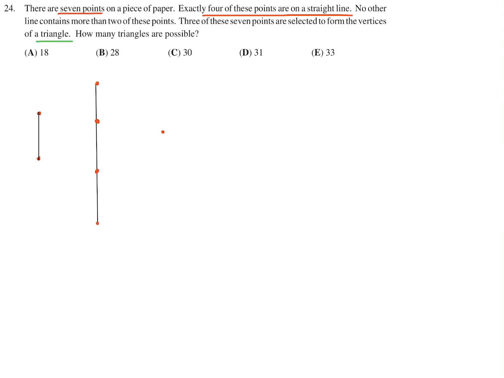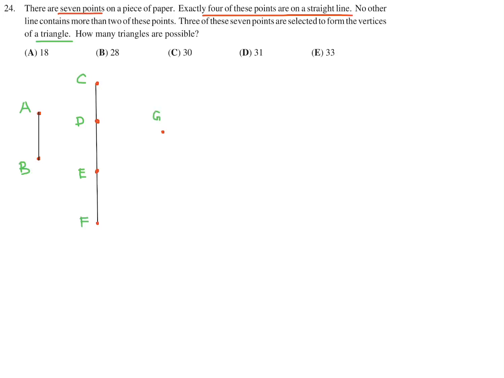That's also satisfied because this line only contains 2. And therefore, 3 of these 7 points are selected to form vertices of a triangle. All right, we can move with this. The first thing we need to do, of course, is label them. These points, B, C, D, E, F, and G, like that.